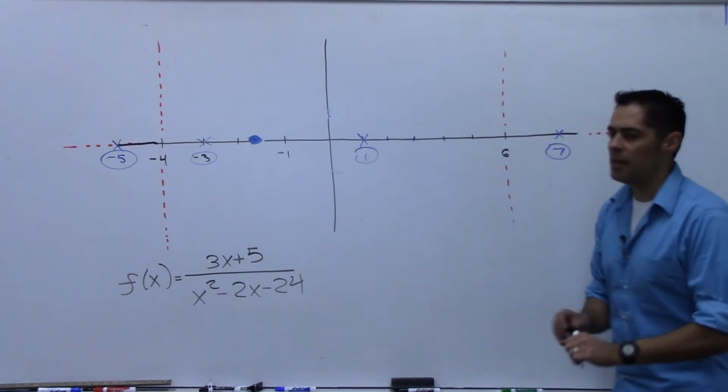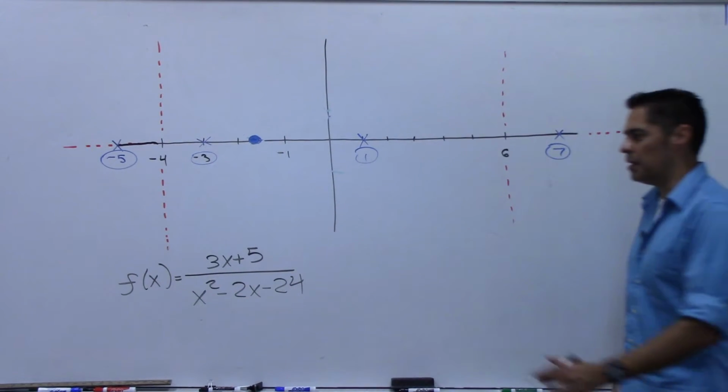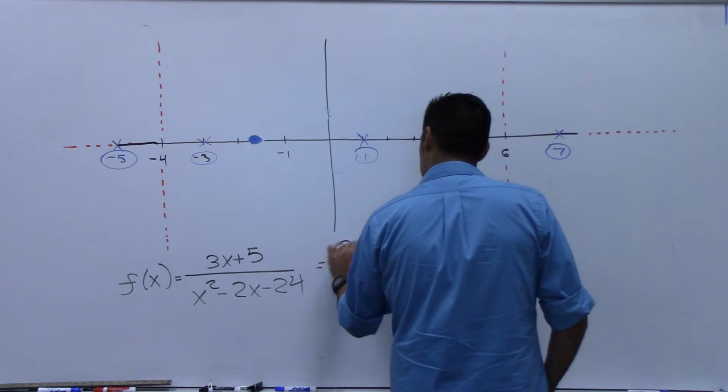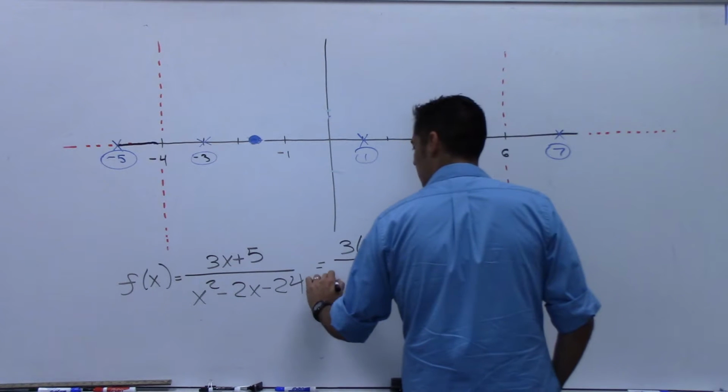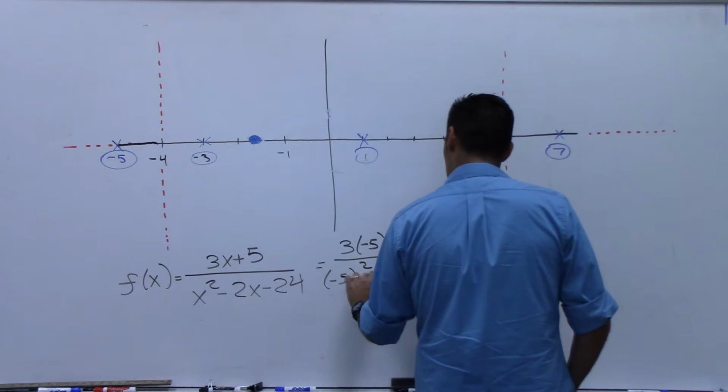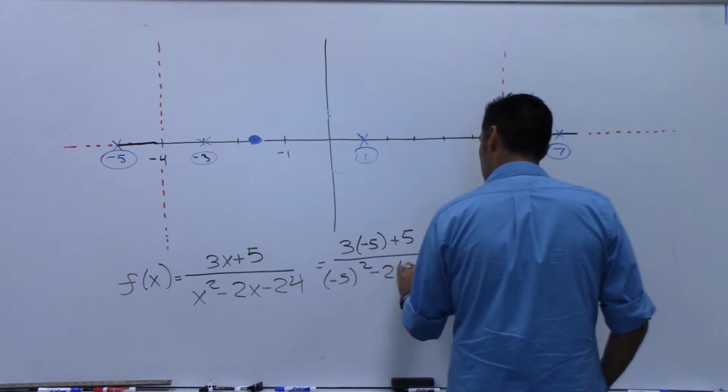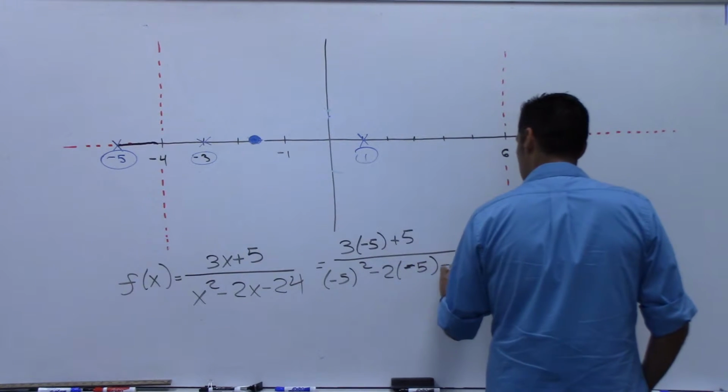So let's plug in -5. Let's have the pleasure of doing this. That's 3 times -5 plus 5 over, oh my goodness, are you kidding me? -5 squared minus 2 times -5. This is starting to feel like torture.